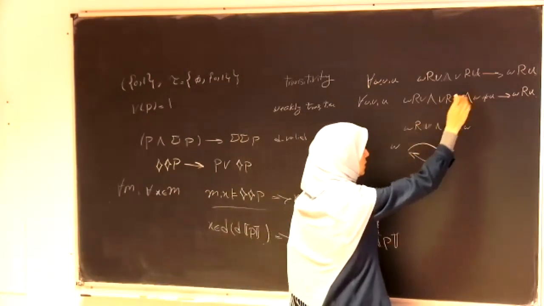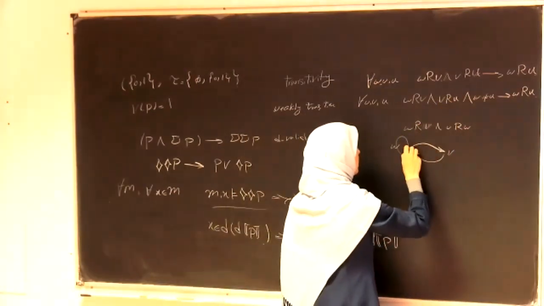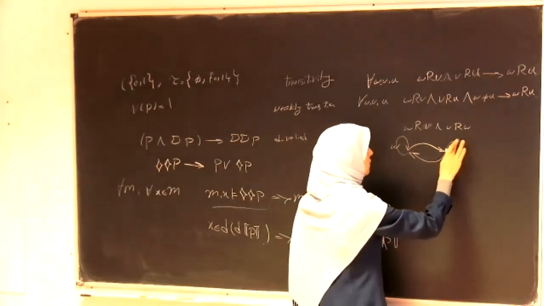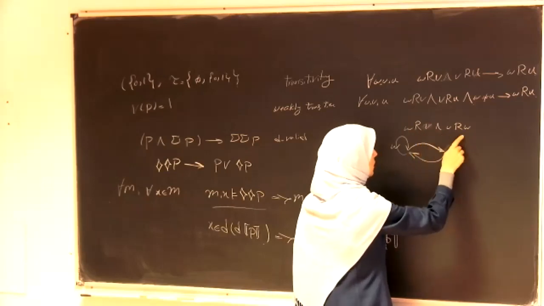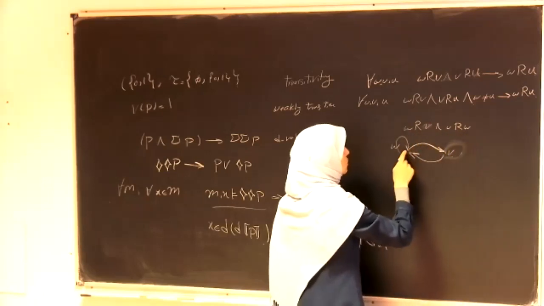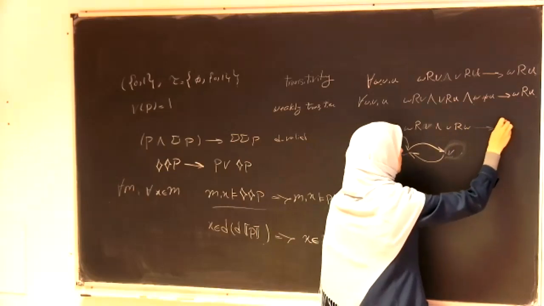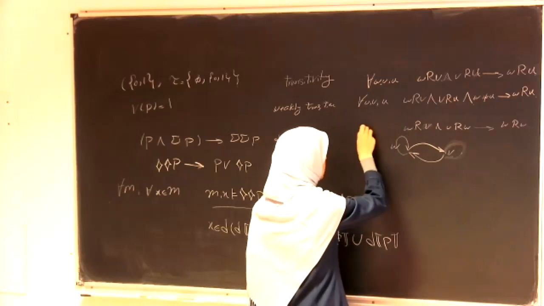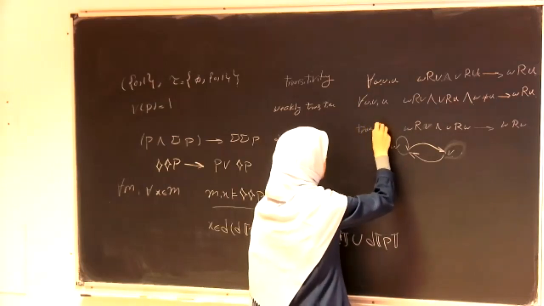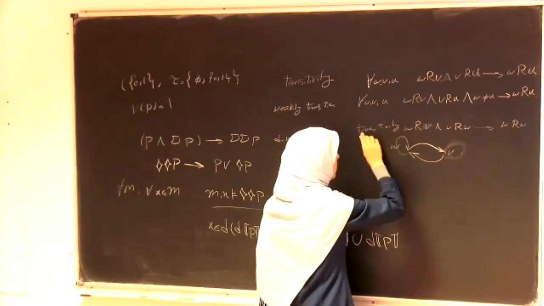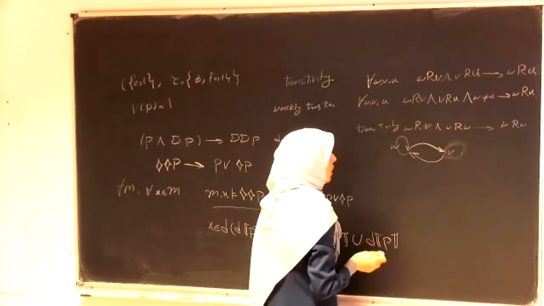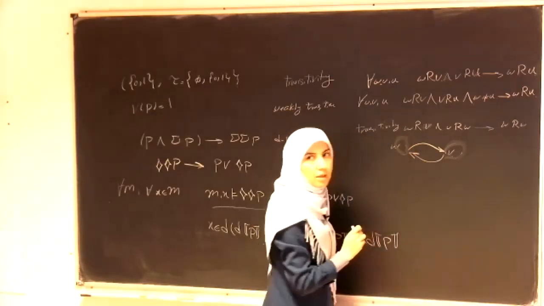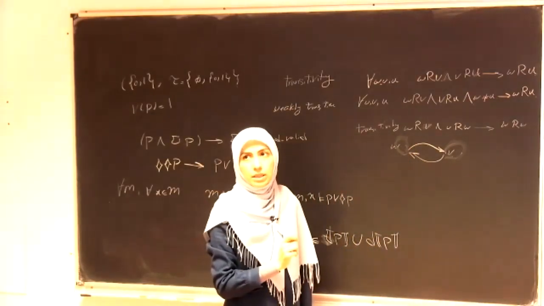In transitivity, I have to have a loop on W because I have W R V and V R W, so I have to conclude that I have W R W. But in weak transitivity, I can have this condition without having a loop over W.